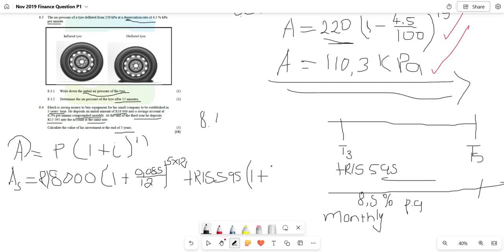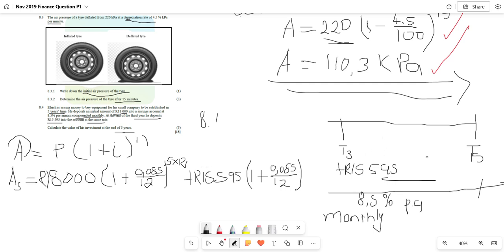Then we still have 0.085, divided by 12, because there are 12 months in 1 year.